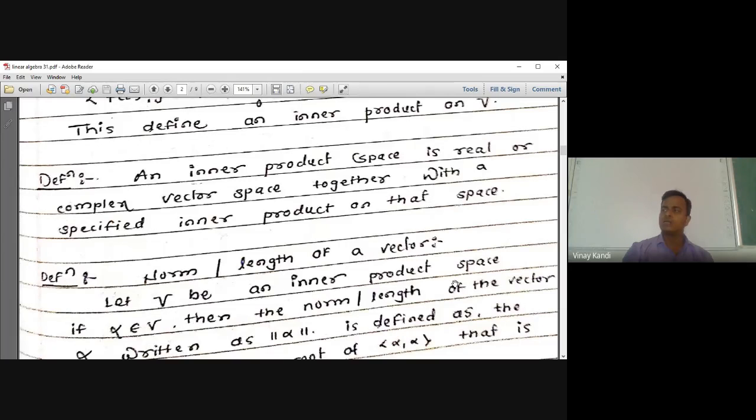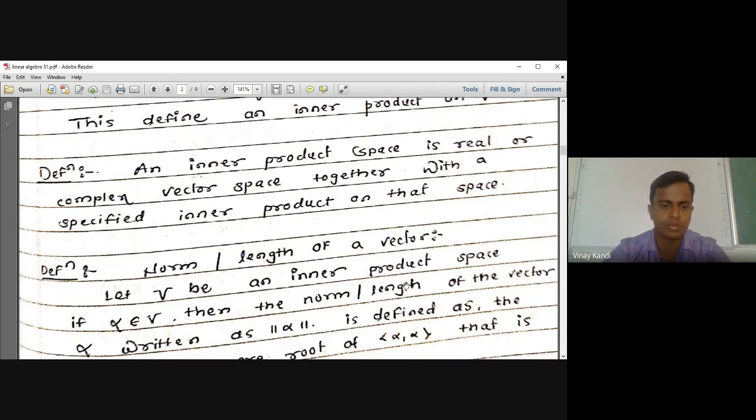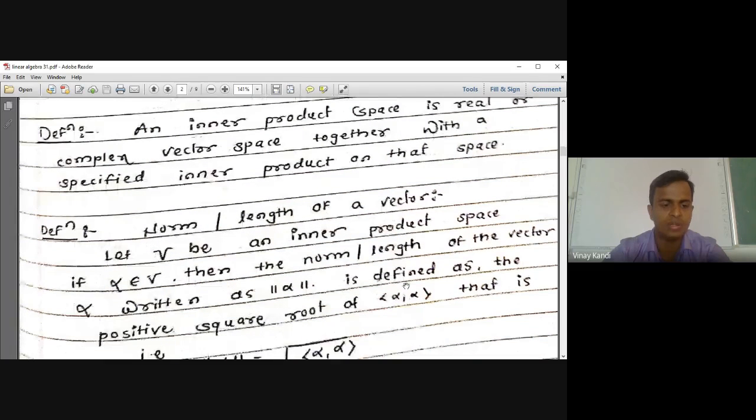How to calculate the norm of a vector, or the length of a vector, from an inner product space. Let V be an inner product space, and let alpha belonging to V be any vector from this vector space.